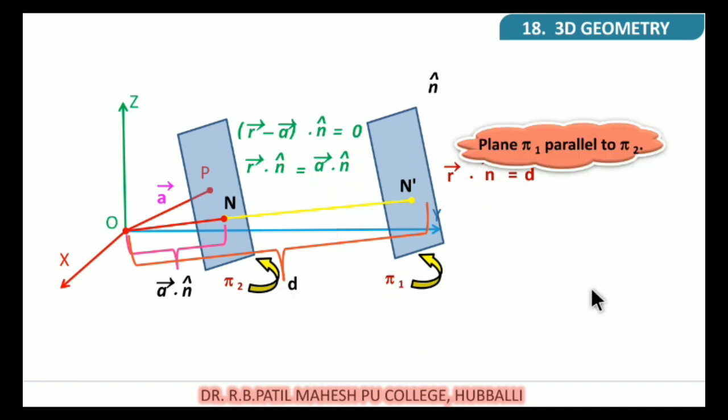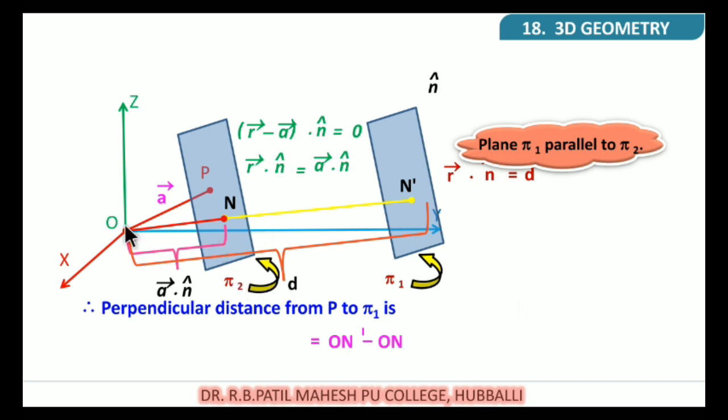Now plane pi 1 is parallel to pi 2. Therefore, the perpendicular distance from the point P to pi 1 is ON dash minus ON, which gives the distance between these two planes, exactly the distance between the point and the plane.